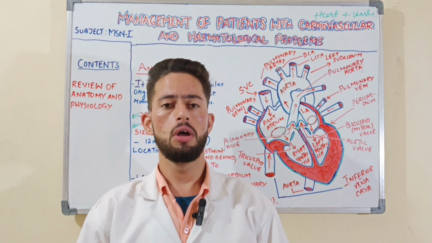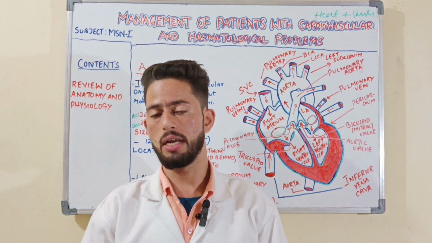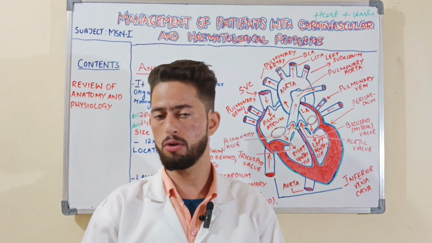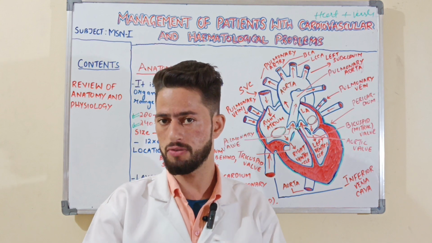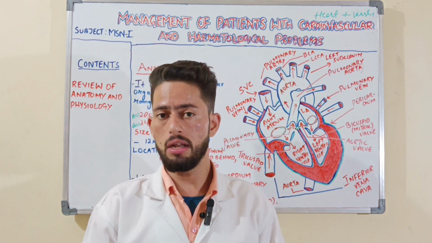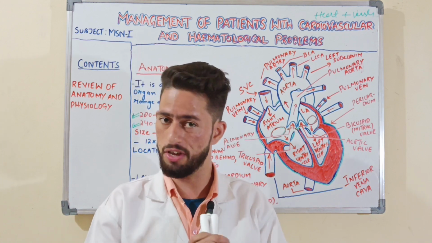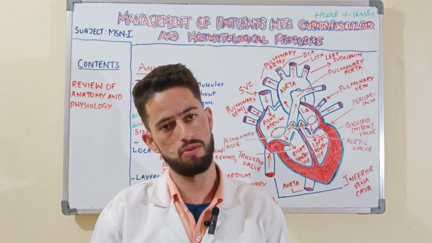What is the main function of the heart? I already told you that it pumps the blood and supplies it to the entire body organs or body systems. The blood, when supplied, contains oxygen and nutrients which are very important for cell growth and cell division.